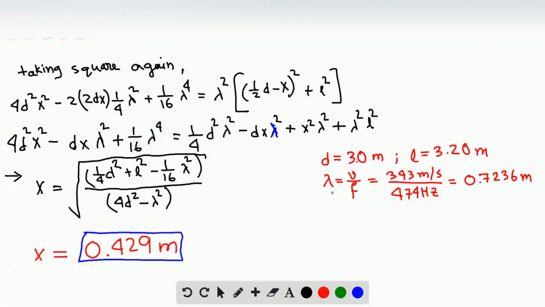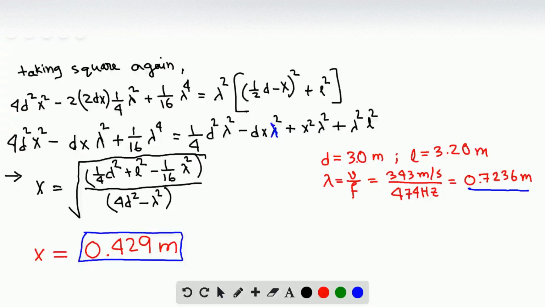And lambda is the wavelength, which is speed of sound over the frequency. So the frequency is given, which is 474 hertz, and the speed of sound at 20 degrees Celsius is 343. So if we put that, we get our lambda as 0.736. Now you should put all the numbers over here, and you should be getting x as 0.429 meters.